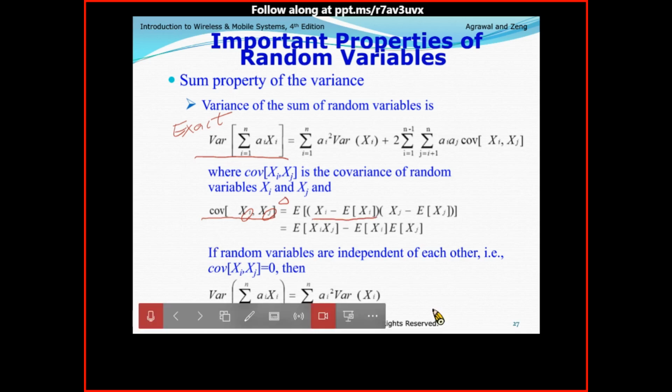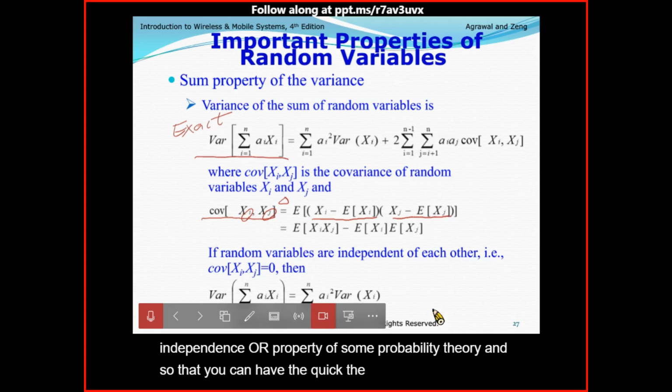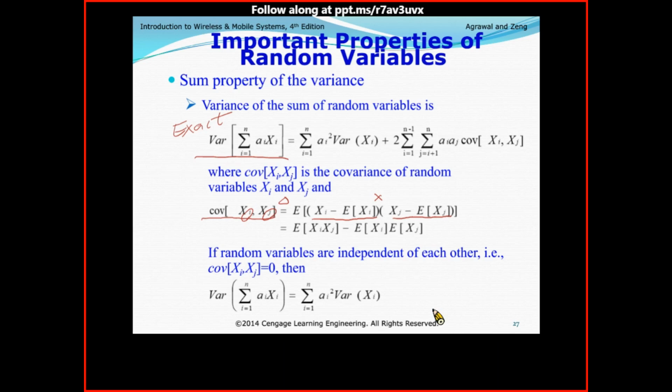Variable minus its mean, multiplied by another variable minus its mean, and we multiply the second term, so that we have the calculation for the expected value.